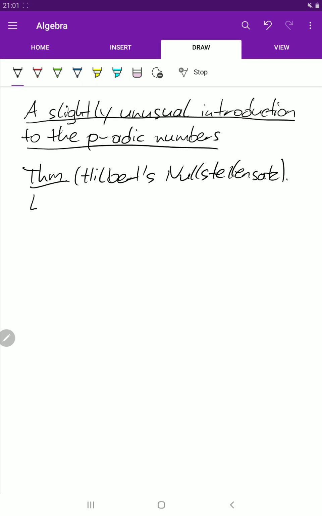And let K be an algebraically closed field. So for instance, the complex numbers. And the claim is, so this is a weak version of the Nullstellensatz, there are also stronger versions.